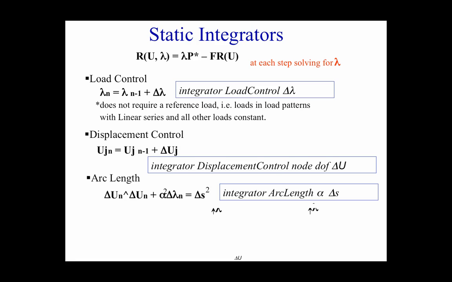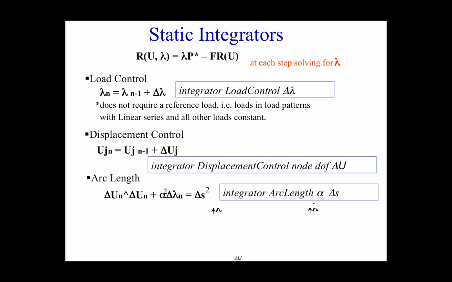So the arc length method is the only one that will be able to follow this curve here. As I say, displacement control will go from here to probably over here and along, if we can reach this point. So there are visually the differences between the three methods. Okay?